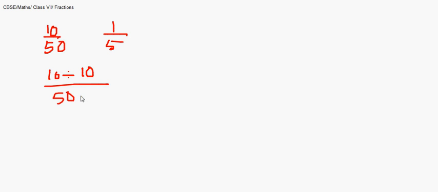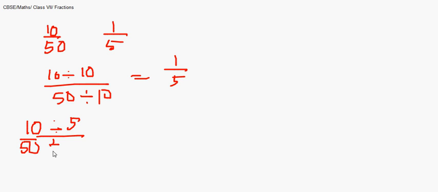Suppose I have given 10 upon 50, the previous example, and I told you that 1 upon 5 is an equivalent fraction to 10 upon 50. This is when I have reduced 10 by 50 to the lowest term. What I did, I divided both the numerator as well as the denominator by 10, thereby getting 1 by 5. I can also get an equivalent fraction by dividing both the numerator as well as the denominator by 5, the same number.